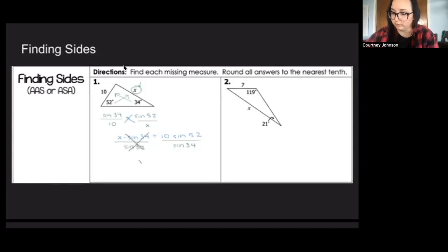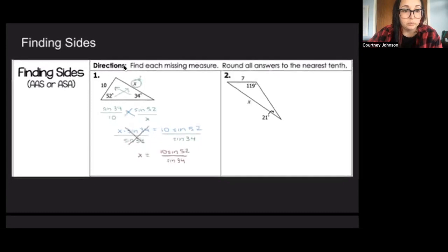And all you are left with is x equals 10 sine 52 over sine of 34. Okay, and we would find there that x, after typing that into our calculator, is 14.1. So those obviously aren't normal sine functions that we're used to seeing on our unit circle, but that is something that we can do in our calculator, and you know I allow that. So you can feel free to go ahead and try that.